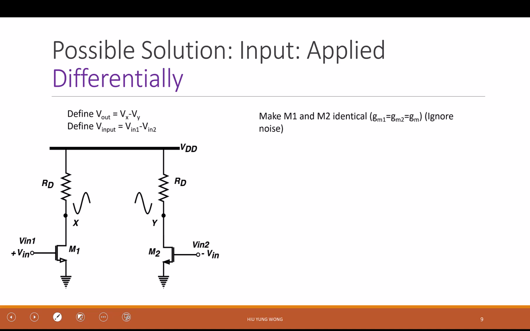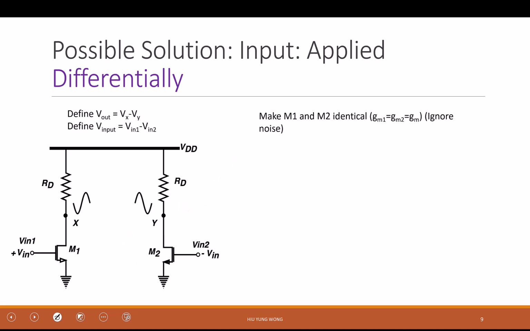Now, I need to emphasize again, we always make the two branches exactly the same. That's why we cannot do common source plus common gate. So we're going to make them the same. Let's look at the output.